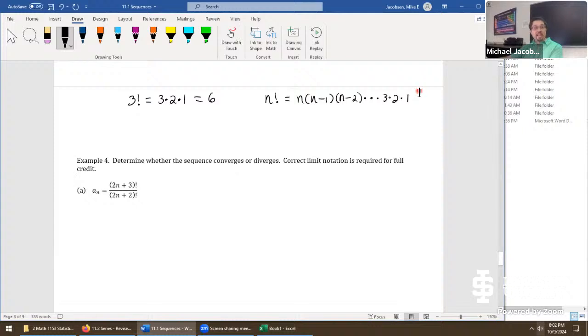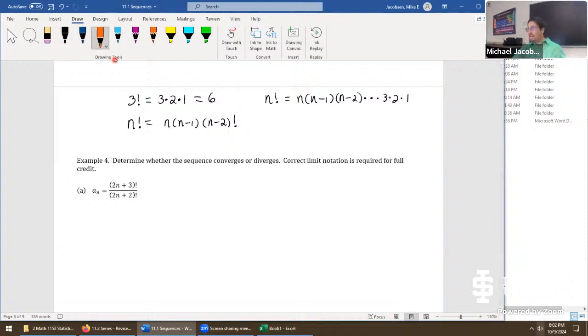This is just one way to write it. You could also write n factorial equals n times n minus 1 times n minus 2. And instead of writing everything out, you could just end it right there. n factorial could be expressed in this way: n times n minus 1 times n minus 2 factorial.